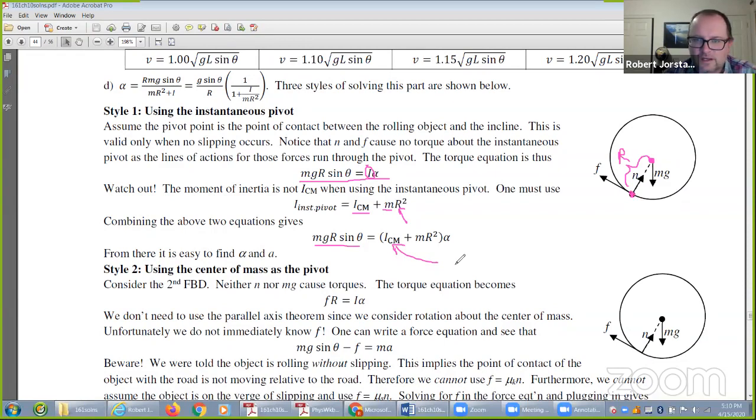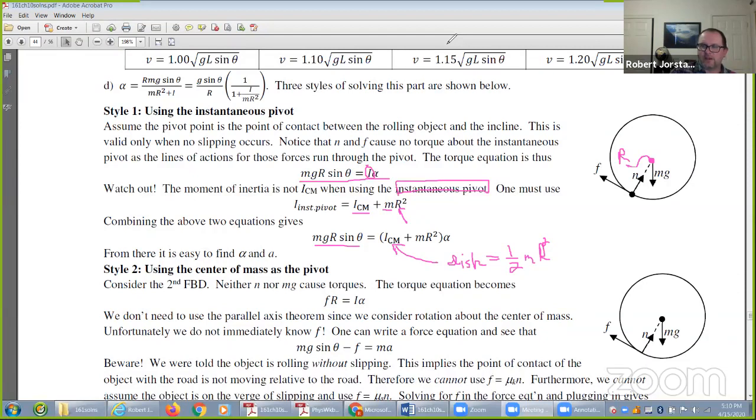If you were doing a disk, that's just 1/2 mr squared, and you'd be off to the races. That one is actually really easy to do, but you have to accept that the instantaneous pivot actually makes sense. So I'm going to check the chat really quick.